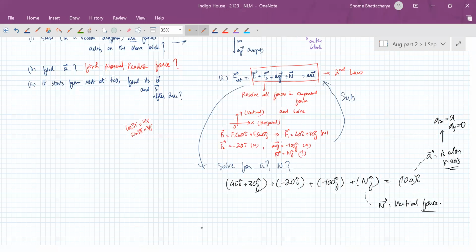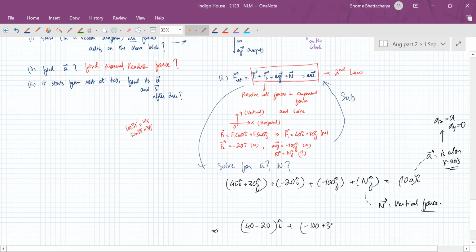Okay. So now if I just write on the left hand side, it is 40 minus 20 i cap plus 30 minus 100 plus N j cap. And on this side, it is 10a i cap.